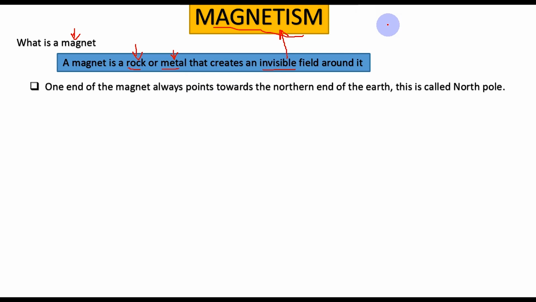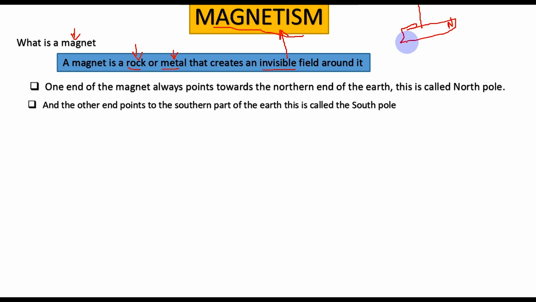When you suspend your magnet on a string from a fixed point, one point of the magnet will face the northern part of the earth, and that point we call the North Pole. The other end is going to point to the southern part of the earth, and that is called the South Pole.